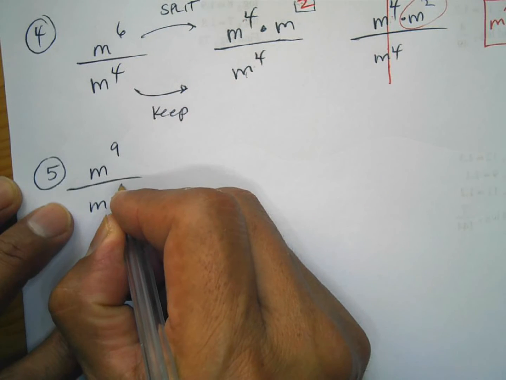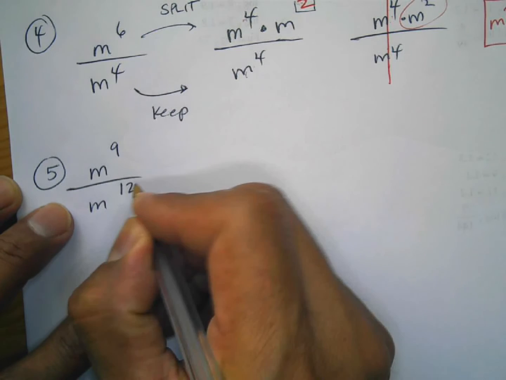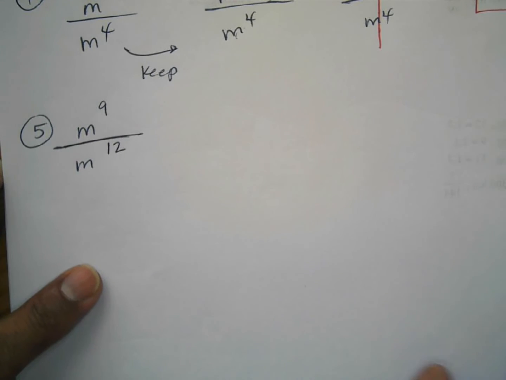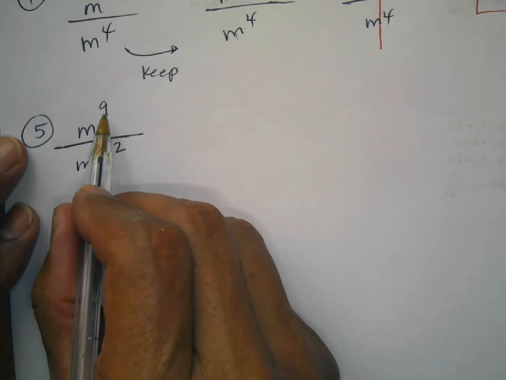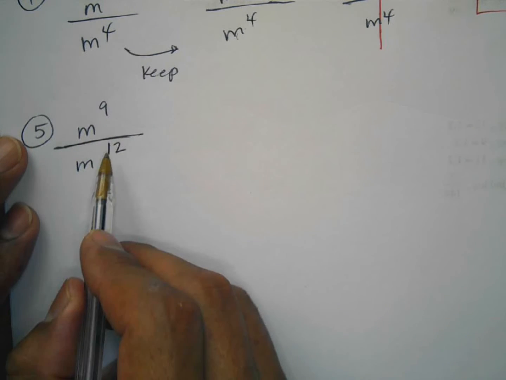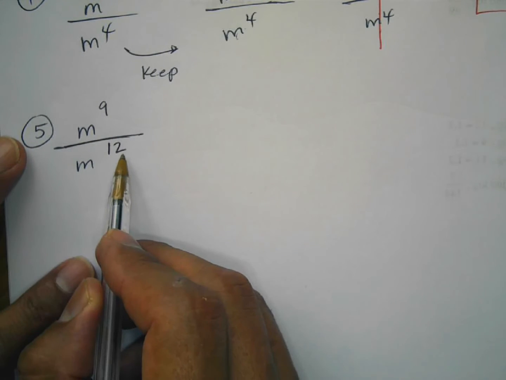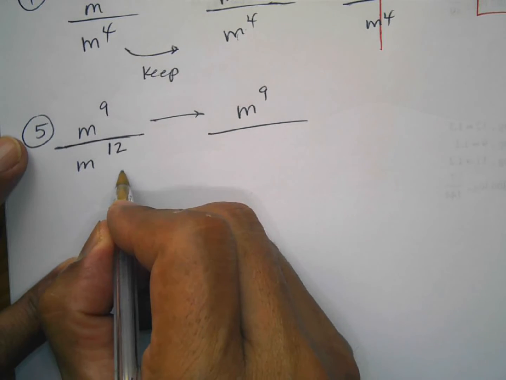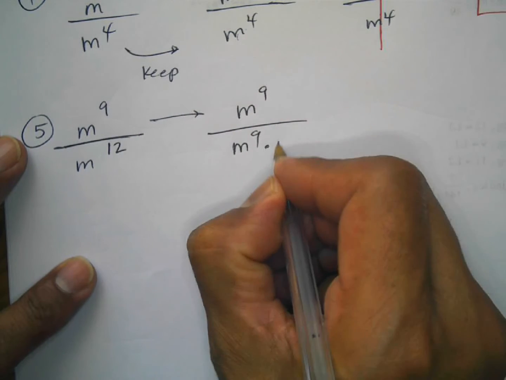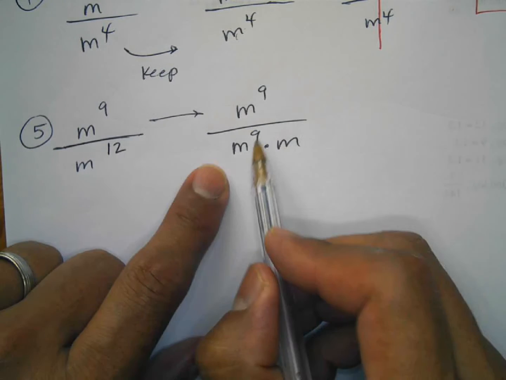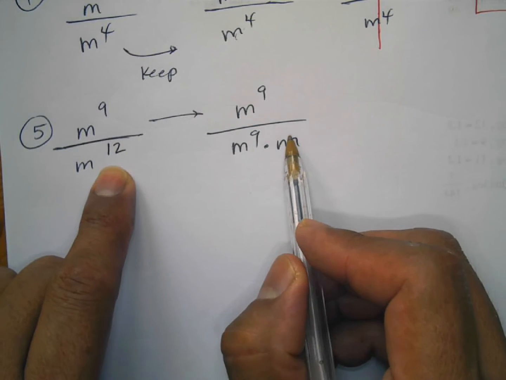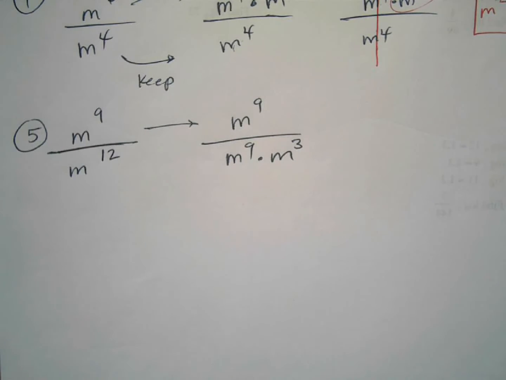I can make this m^12. That's okay, m^12. So we want to keep the one that has the least. This one has 9 and more than 9. So we're going to keep this one as m^9. And this one I'm going to split into m^9 and m how much? It has 9. It has more than 9. 9 and how many more to give you 12? Well, 3, right?